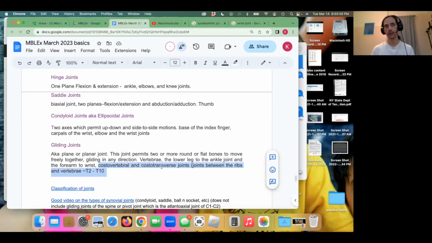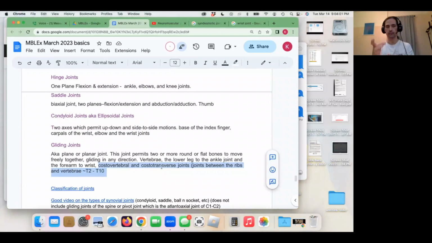And then the joints between the vertebrae, because the vertebrae are flat, like checkers or hockey pucks or discs, those joints allow the vertebrae a great amount of movement. They can actually move forward a little bit.